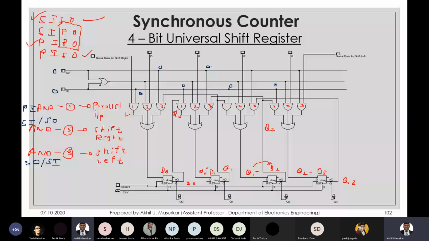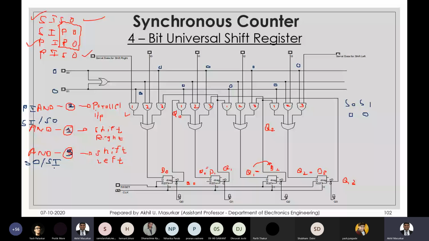So AND gate number 1 and 3 are disabled if S0 and S1 are 0 0. 1 and 3 are disabled means what? That you cannot enter the data serially. Serial in and serial out is closed, but AND gate number 2 is enabled.